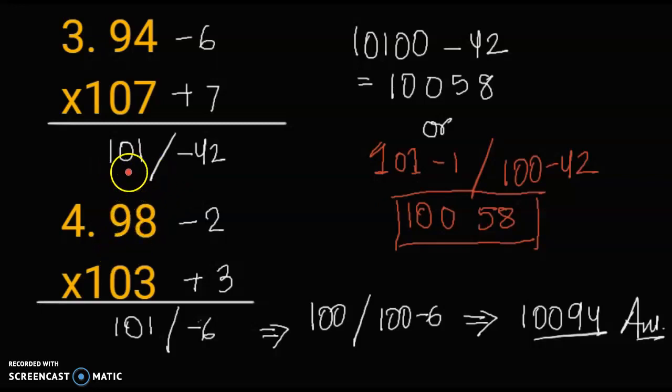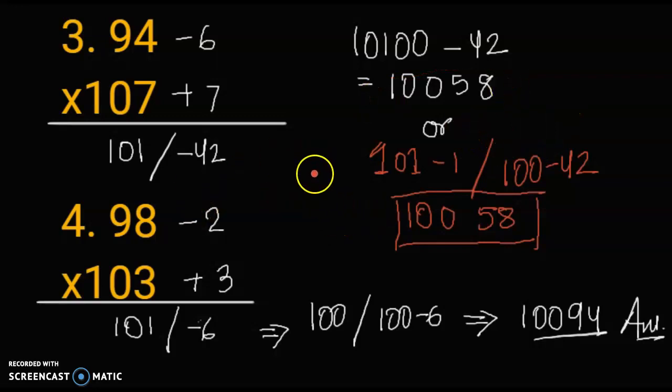Now as explained earlier, 101 times the base, that is 10100, and minus the right hand side 42 gives us 10058.